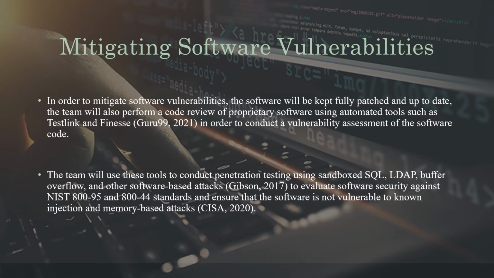It has to be fully patched whenever patches are released. Otherwise, we're going to be vulnerable to known vulnerabilities, right? We're not even talking about zero-day attacks. We're talking about known vulnerabilities if our software is out of date, or if it's not patched when patches are released, or if we don't work on releasing patches in the case of internally developed software.